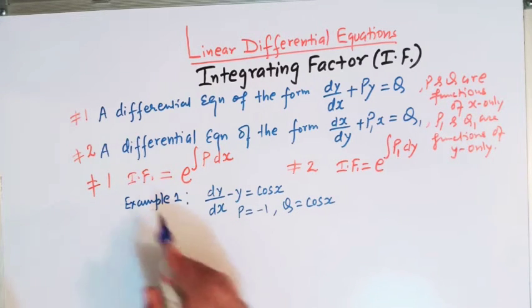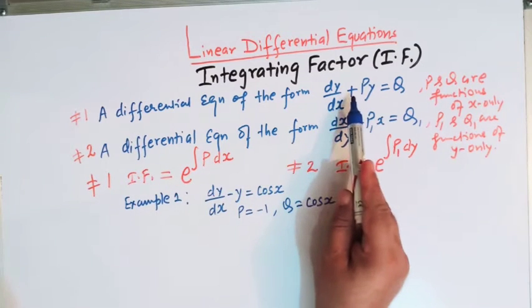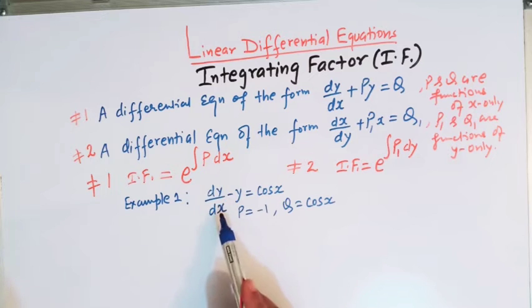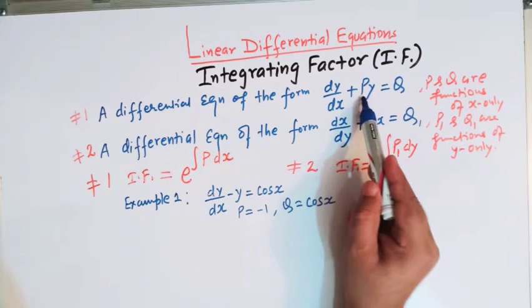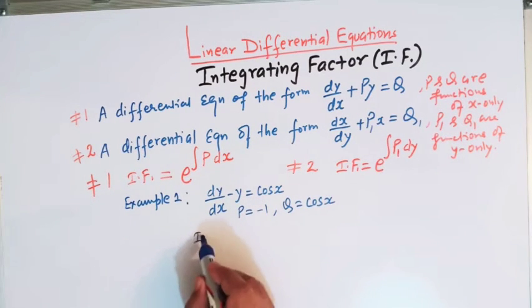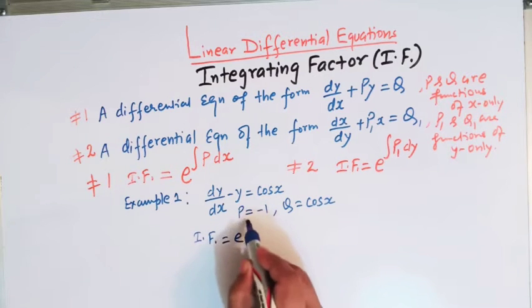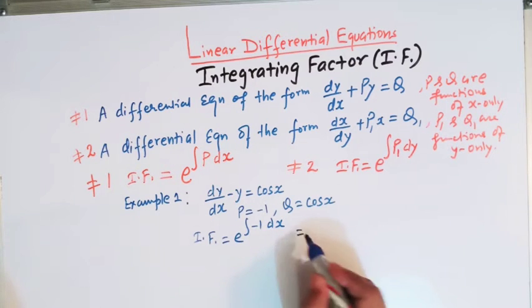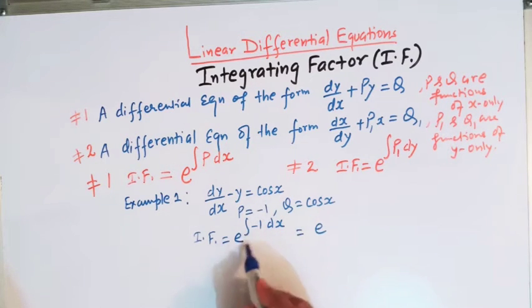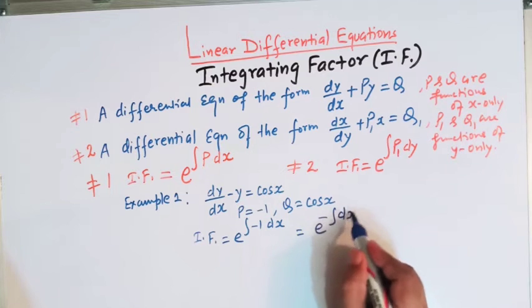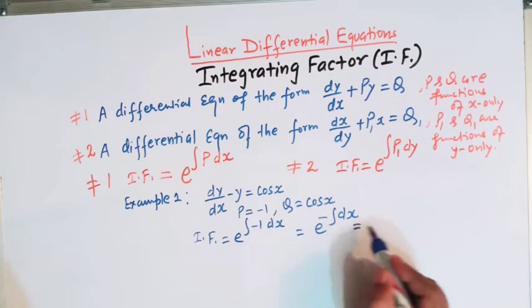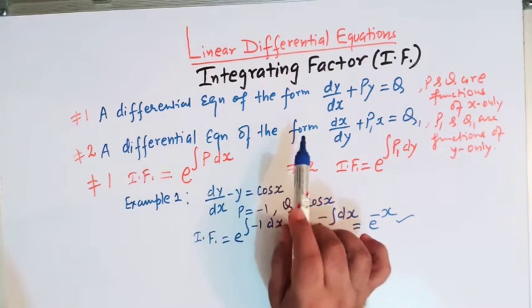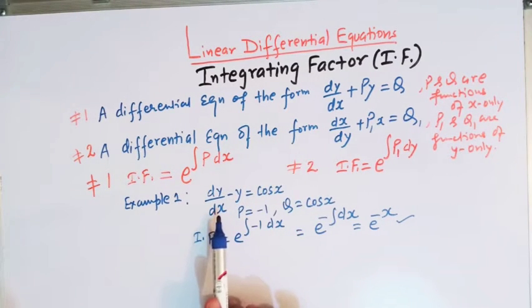Therefore the integrating factor is given by this formula, and this equation is of this type. Therefore the integrating factor is e raised to the integral of -1 dx, right? And the integral of dx gives x, so we have e raised to -x. So this is the integrating factor of this linear differential equation.